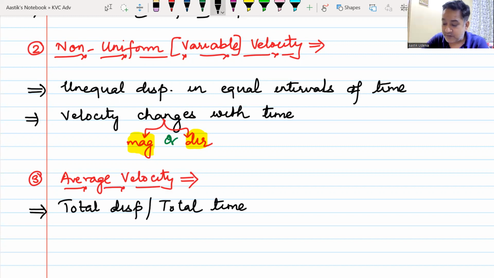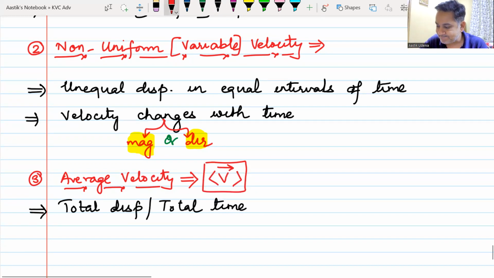That is average velocity. And how am I going to write it? V with an arrow on top, the velocity put in a box. That becomes the average velocity symbol. Do we understand this? Yes, sir. Total displacement divided by total time. That becomes my average velocity.